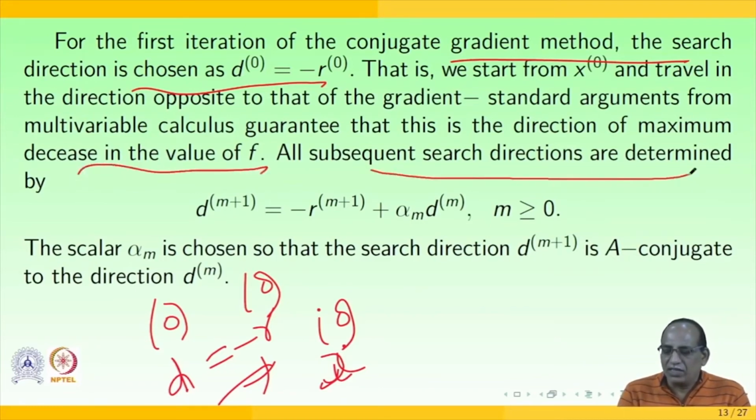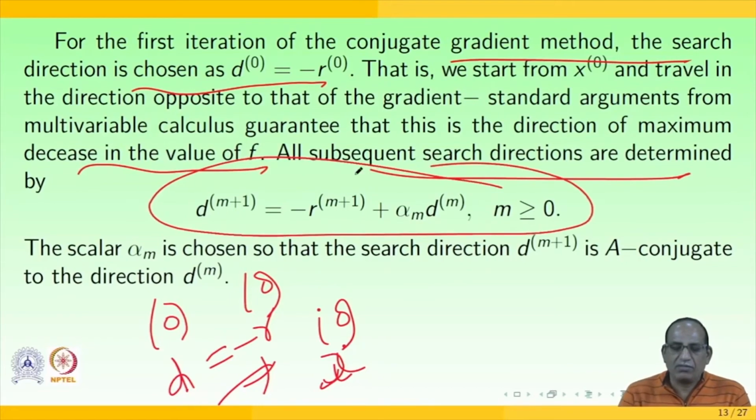All subsequent directions are determined like this: d_(m+1) is minus r_(m+1) plus alpha_m times d_m, for every m greater than or equal to 0. The scalar alpha_m is chosen so that the direction d_(m+1) is conjugate to the direction d_m.